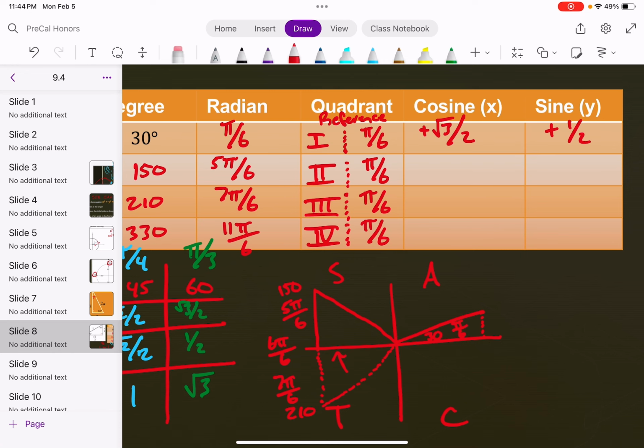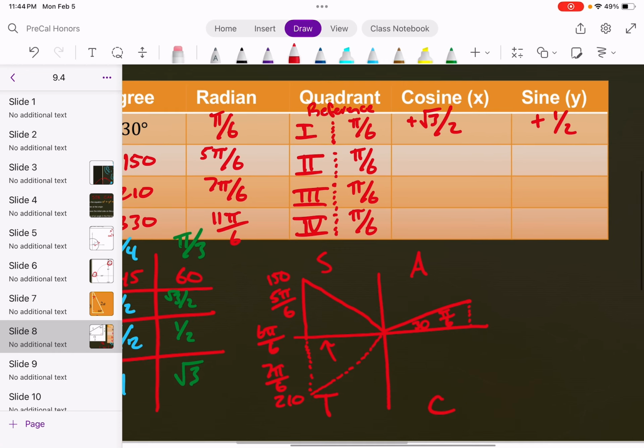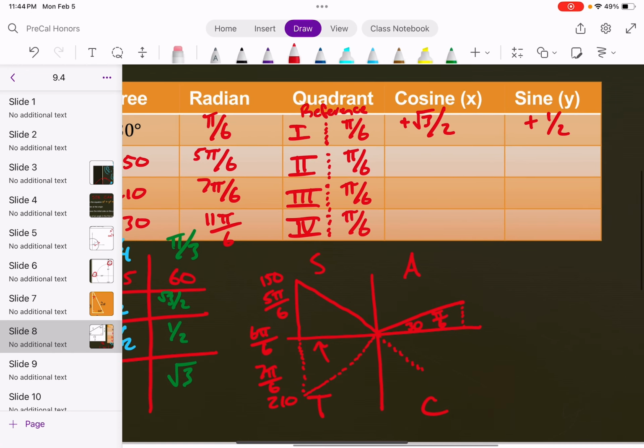So our last look is going to be in our final quadrant over in C. Notice it drops down and goes back up again. In this case, this is going to be your 11 pi over 6.